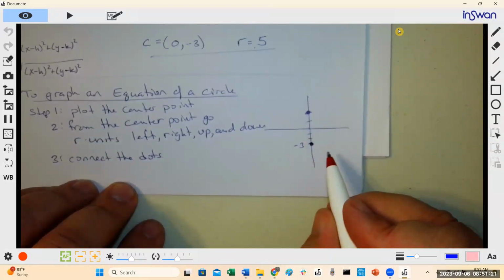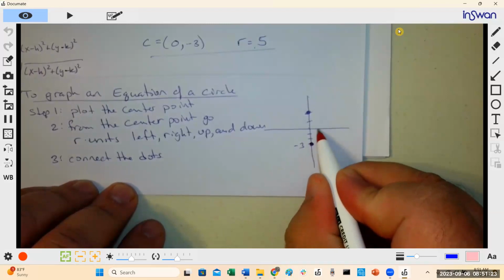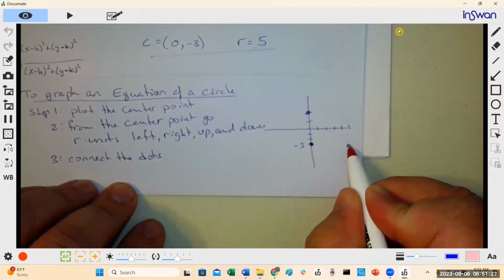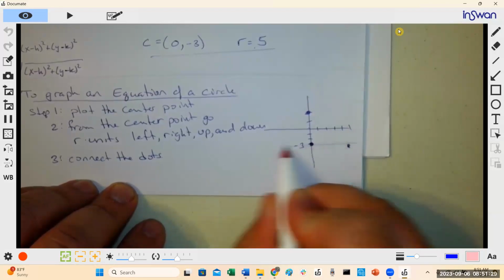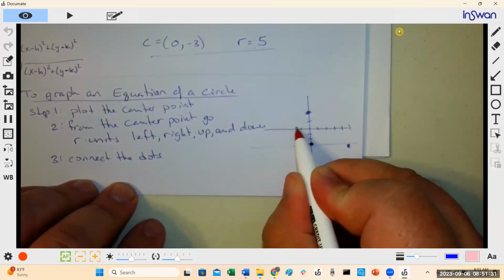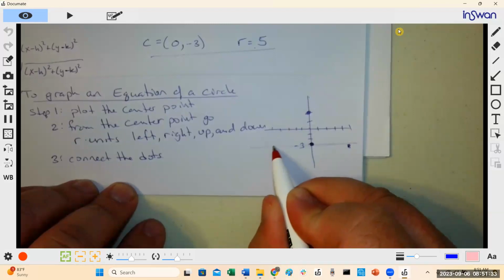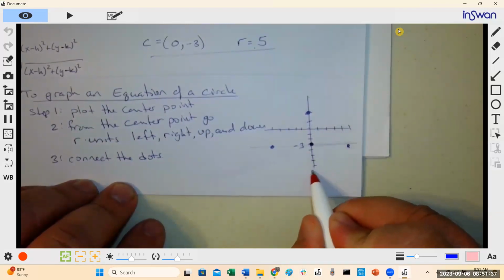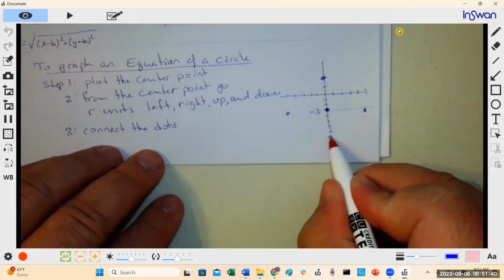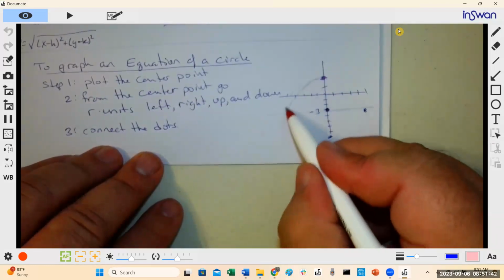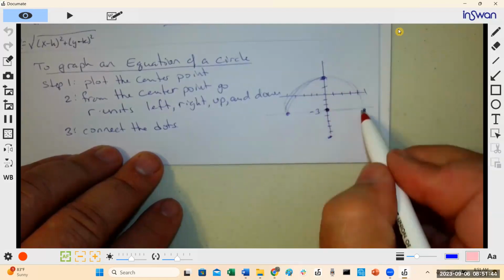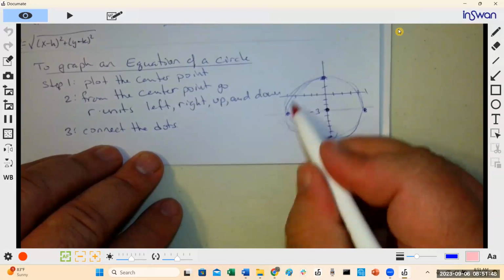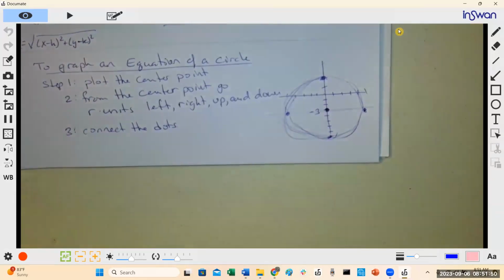Put a dot there. Go to the right 5 spaces. 1, 2, 3, 4, 5. Put a dot there. And left. 1, 2, 3, 4, 5. And down. 1, 2, 3, 4, 5. And connect the dots. And there's your circle. That's all there is to it.